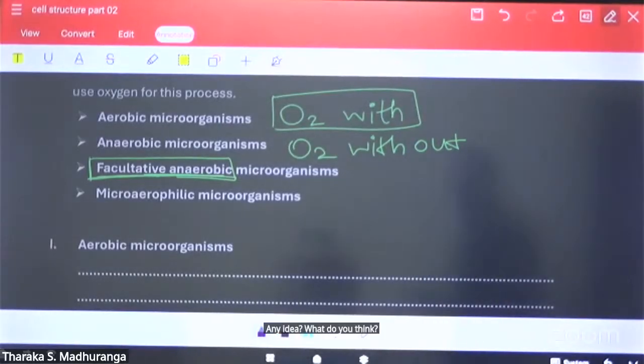Then we could also call this facultative aerobic. What's the reason? Any idea?